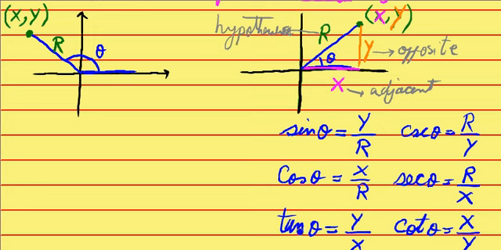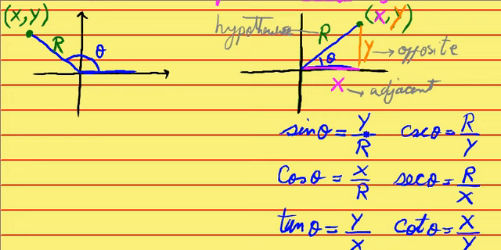What's the connection between tangent and sine and cosine? Obviously, if I divide sine by cosine, r's cancel and I get y over x. And that's going to be tangent of theta is equal to sine theta over cosine theta. What else? Cotangent of theta is a ratio of cosine over sine. Just take the ratio, you will see.